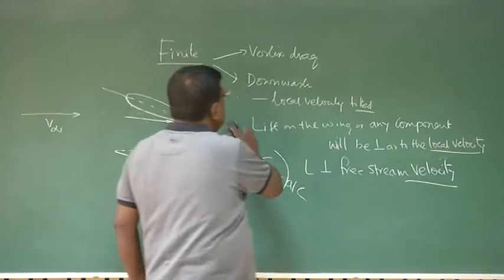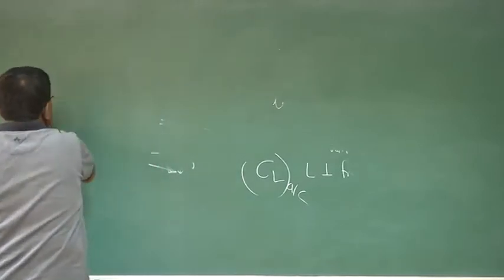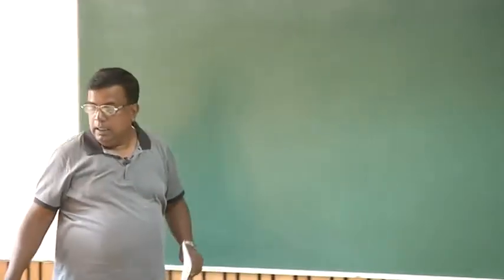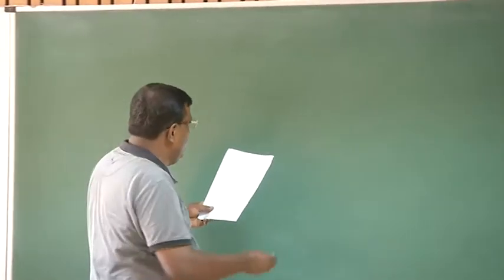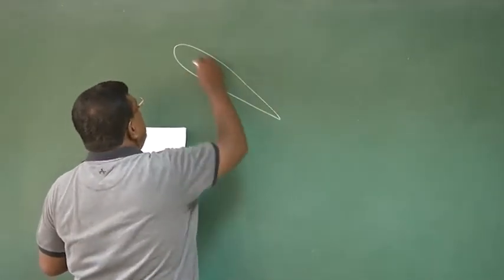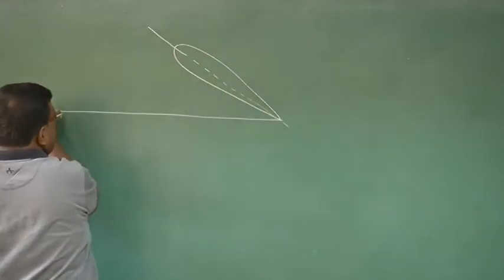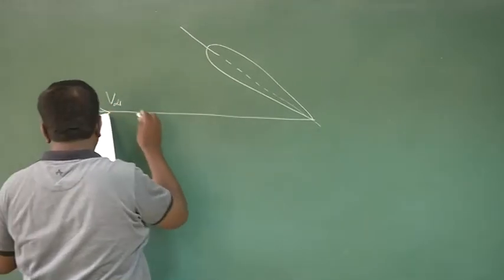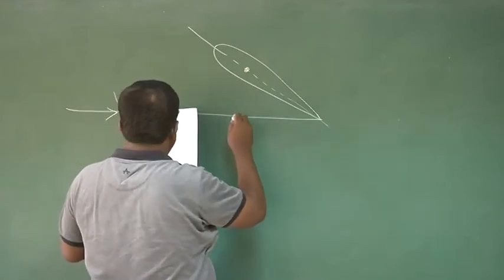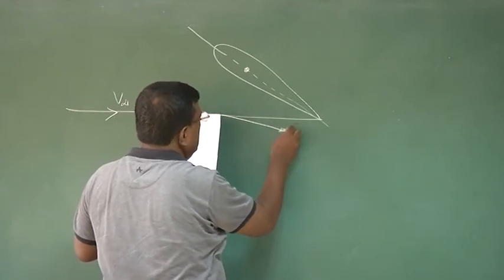So let us use this understanding to get an approximate expression for the induced drag. Let's say this is the lift of the wing, and this is your free stream velocity direction. And because of downwash, this direction has changed, the local velocity, V local.